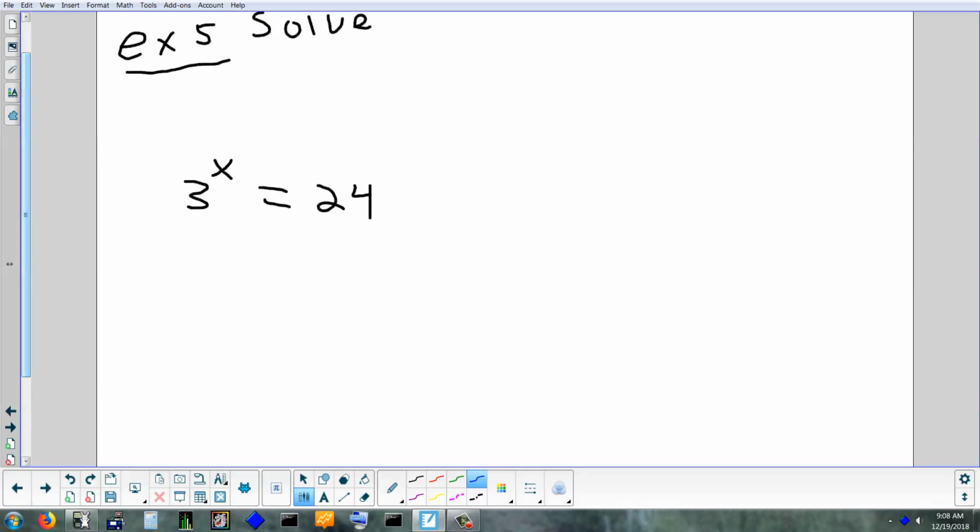Can anybody tell me what two numbers x is going to have to be between? Like 3 to this power is too small, 3 to this power is too big. Yeah, 3 squared is 9, that's too small. 3 cubed is 27, that's too big. So it's going to be pretty close to 3, maybe 2.7, 2.8, somewhere around there.